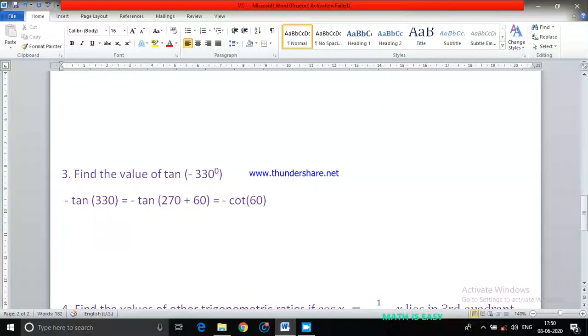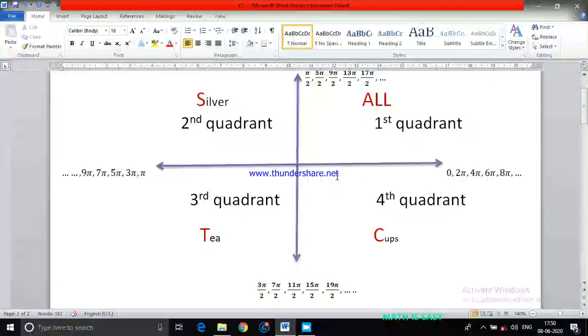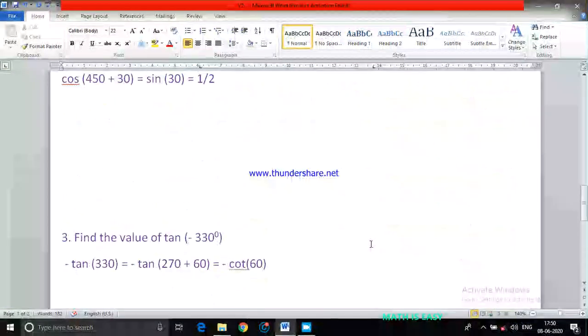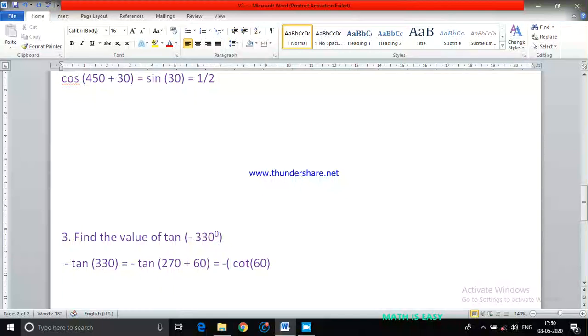Now you tell me, is tan positive or negative? Tan 330 degrees is in the fourth quadrant, and in the fourth quadrant tan is negative, because tan is positive in the third quadrant or the first quadrant. So the sign has to be negative, and one more minus sign appears here. Is that clear why I am putting this minus sign?